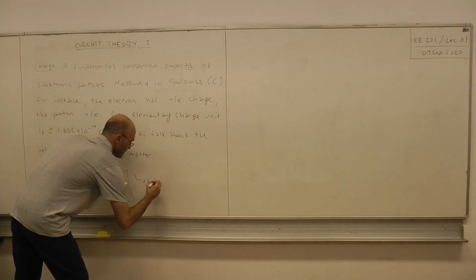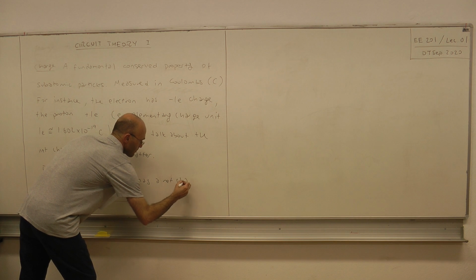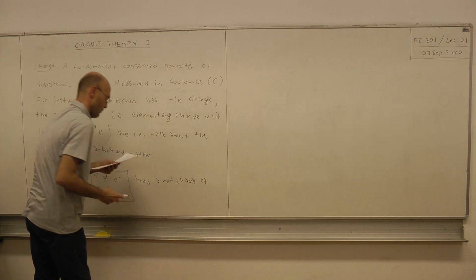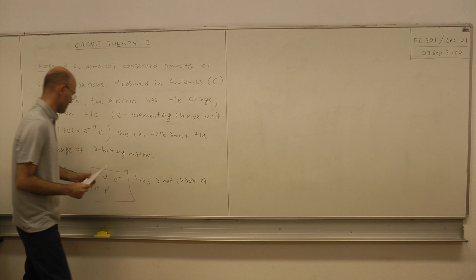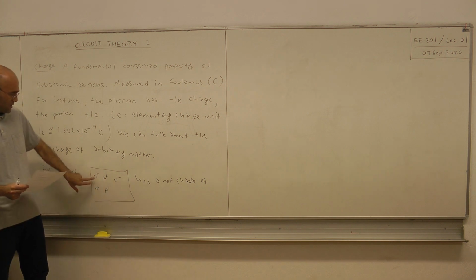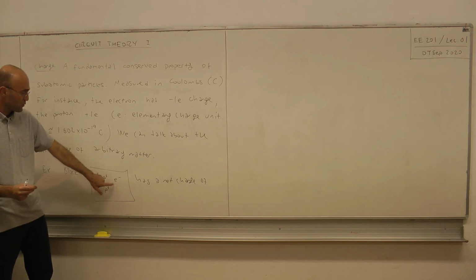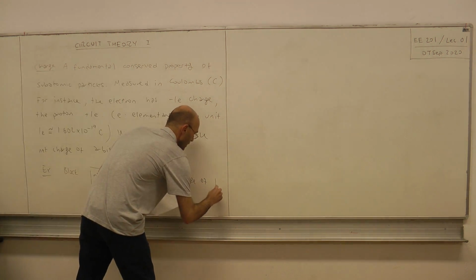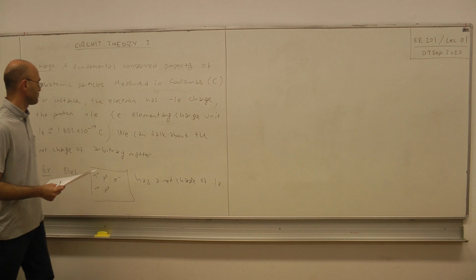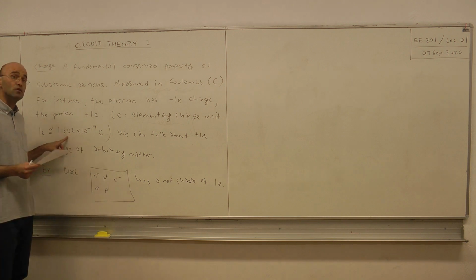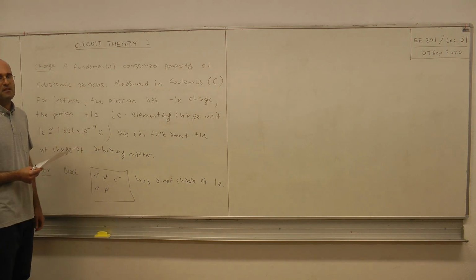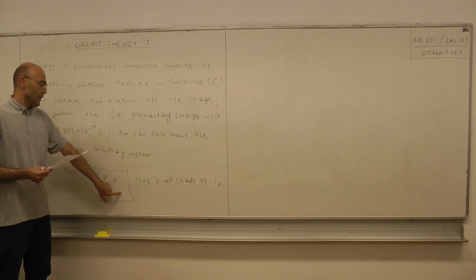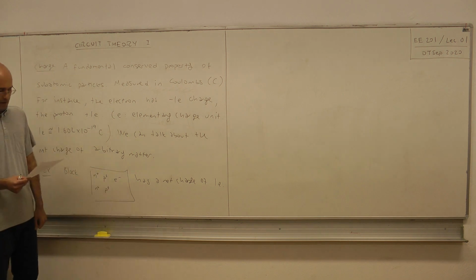It has a net charge of +1, these are 0 so they don't count, +1, and -1, so the total makes +1 E. 1 E charge, or 1.602 times 10 to the minus 19 coulombs of charge, is in that block.